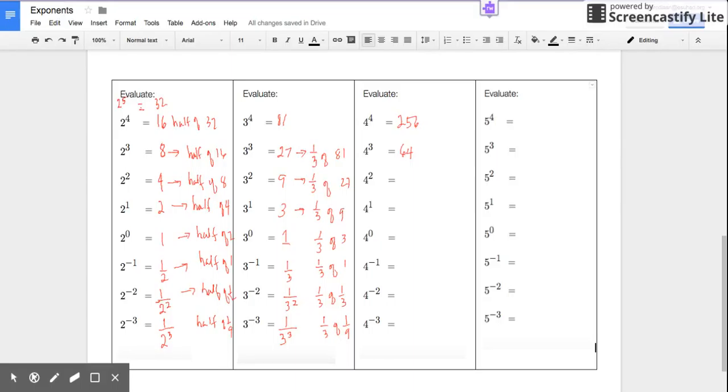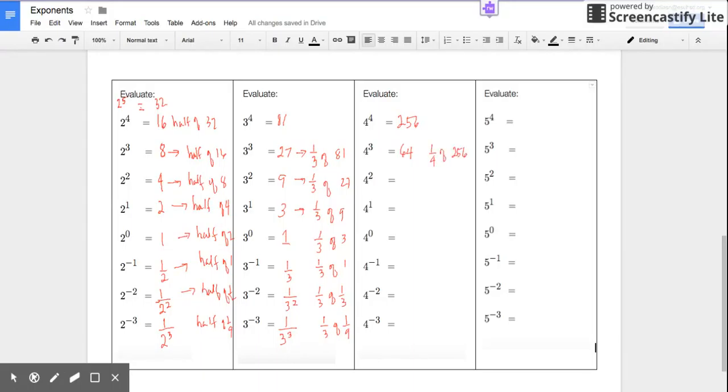It's not quite obvious, but you can think of having 4 4s in the 256 and only 3 4s. So 1 4 was taken out. So you divided by 4. So this is 1/4 of 256, which you can check with your calculator.